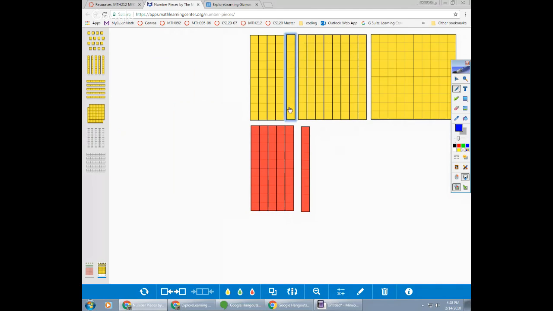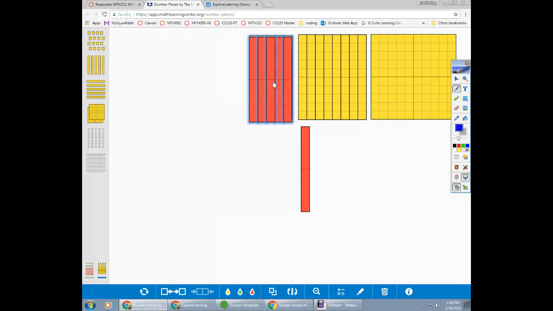Regroup them a little bit. All right, got 5 there. Then I'll stick these on top, see where they line up. Oh, so now I can see how they are different. 1 and 1, 2, 3, 4, 5, 6, 7 tenths.